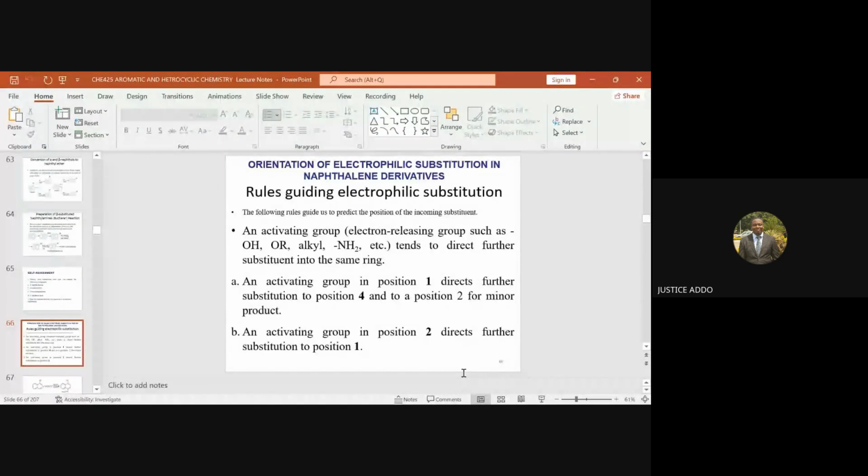For such groups, their influence on an incoming group is that they will direct it to the ortho and para positions. So for ring activators, for electron donating groups, they usually will give you two different products, the ortho product and the para product.